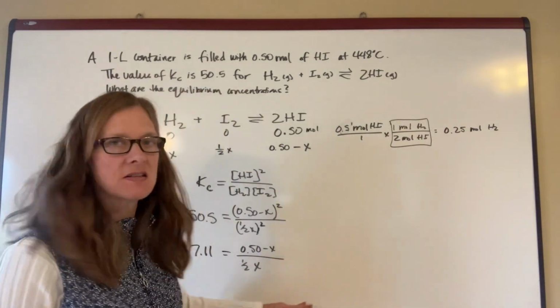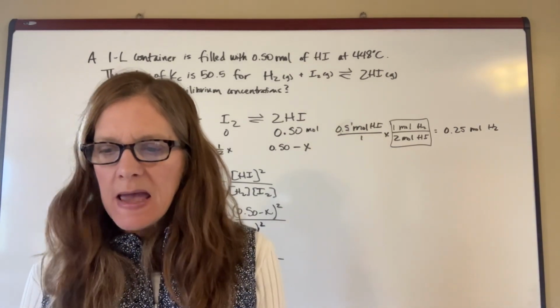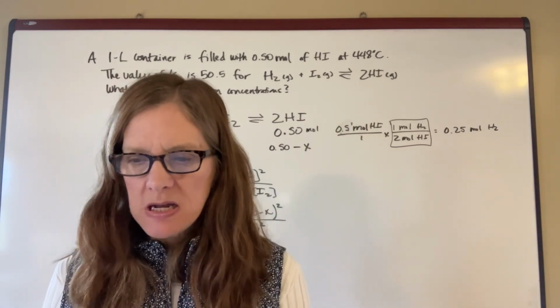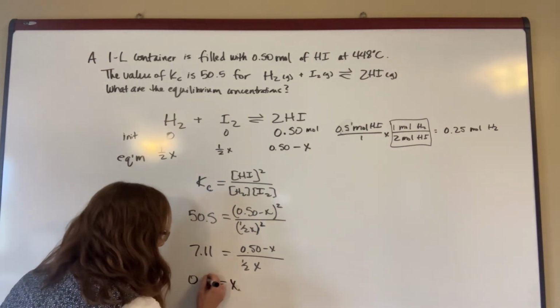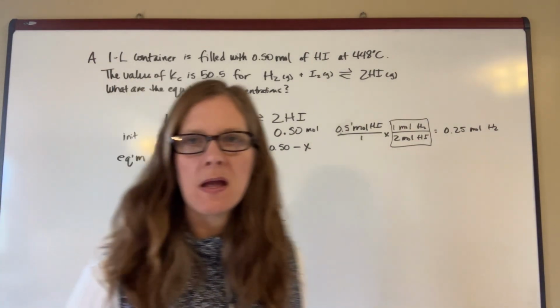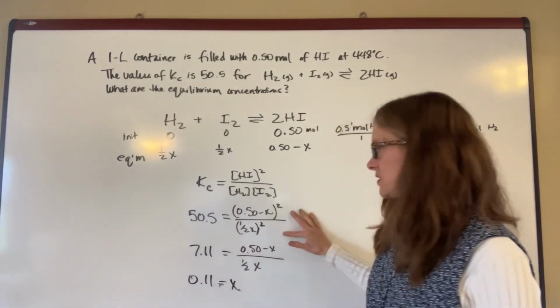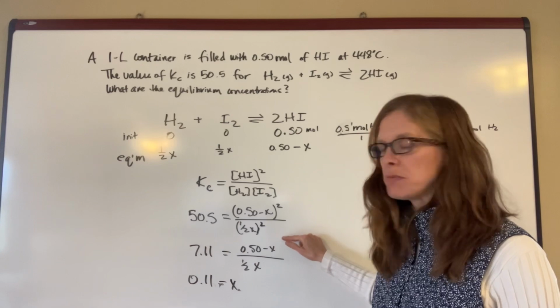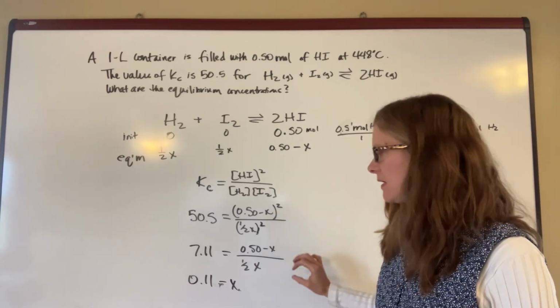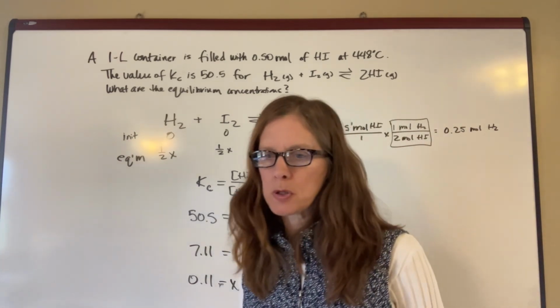I only have X's, I don't have anything in powers, and I can solve that equation very easily, and X comes out to be 0.11, okay? Now, this won't work all of the time, but do keep an eye out for something like this because sometimes you can simplify this and you don't have to worry about using the quadratic formula.